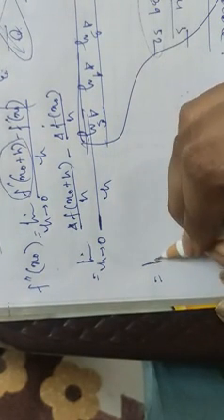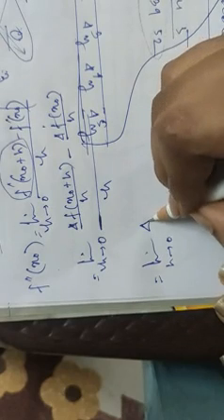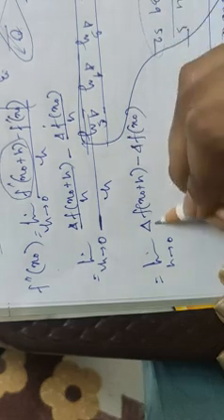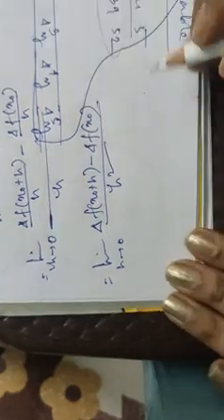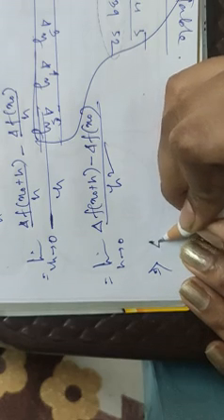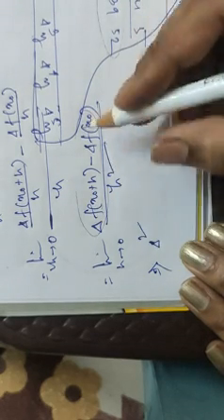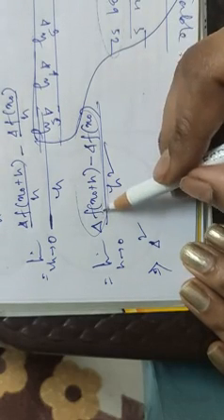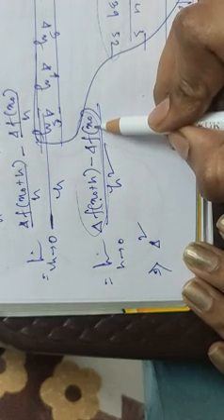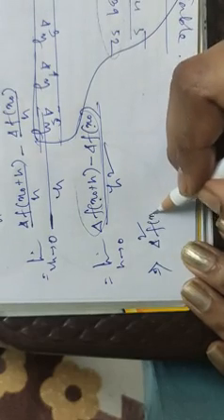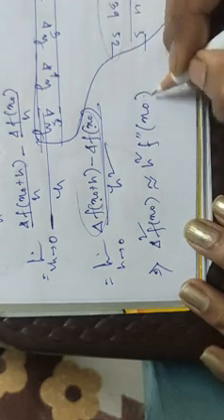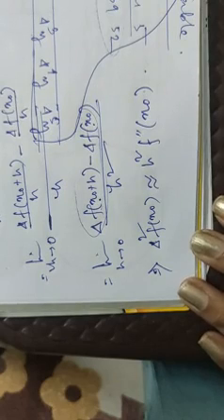So it will become limit h tending to 0, delta f of x0 plus h minus delta f of x0 by h square. That is, from there we can write that delta squared f of x0, this part will become, if you take delta, then it will become f of x0 plus h minus f x0. That means delta of f x0. So ultimately delta square f x0 is equivalent to h square into f double dash x0. Okay, this is what we got from the second step.